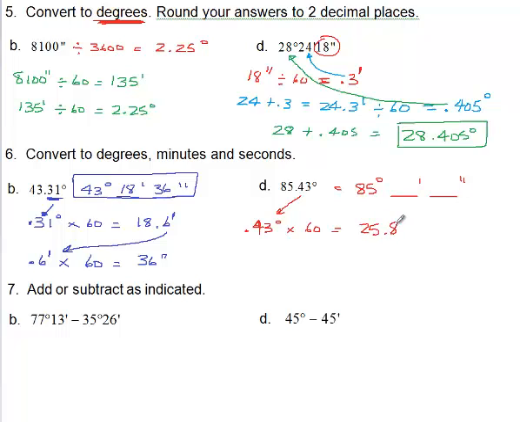Now multiplying degrees by 60 changes it to minutes. So then I put the 25 up here. I take the decimal portion again, just the decimal portion, which is 0.8 minutes. I multiply that by 60 to get 48 seconds. And I write that in there. So there's your final answer for that one. Again, let's do it on the calculator to verify it.